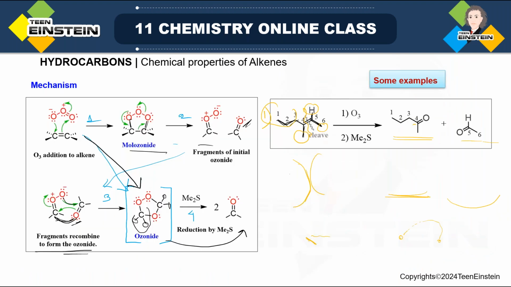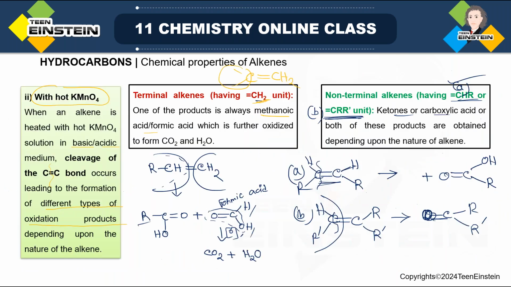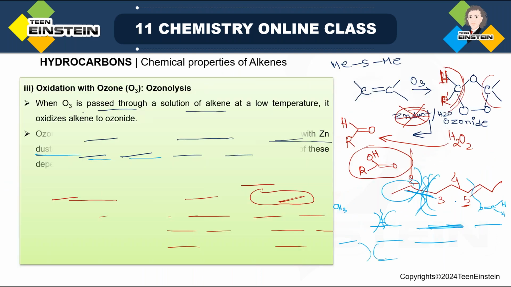Have a look here so that it is completely clear. So see, non-terminal alkene, that is CHR. So when we have this type of molecule where you have one side C with H and R, we get acid.